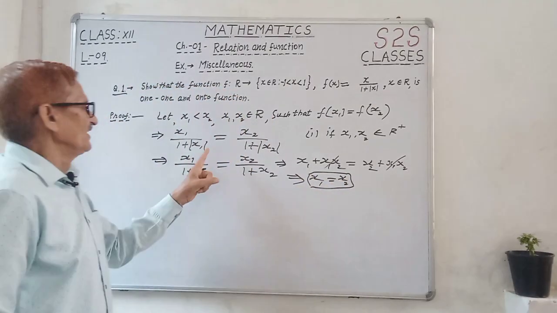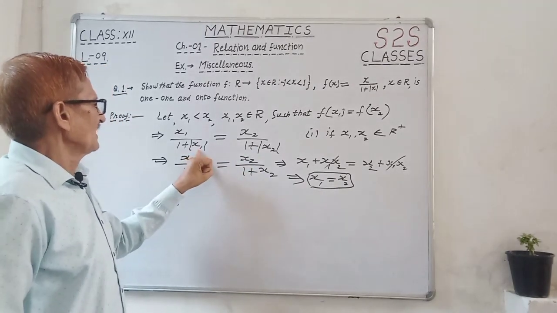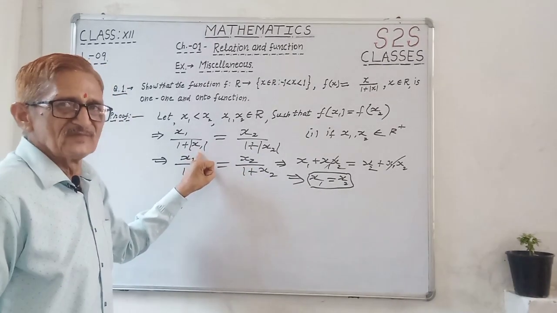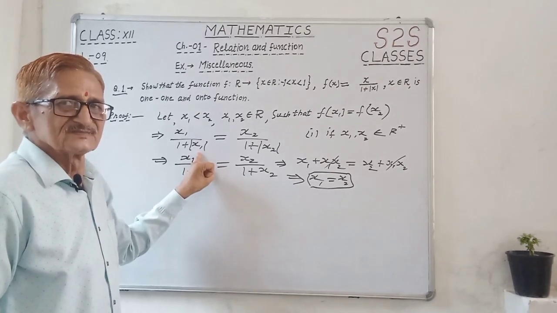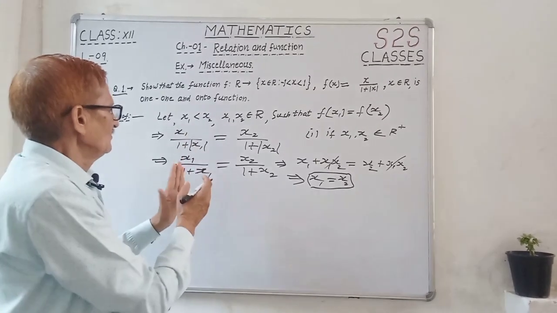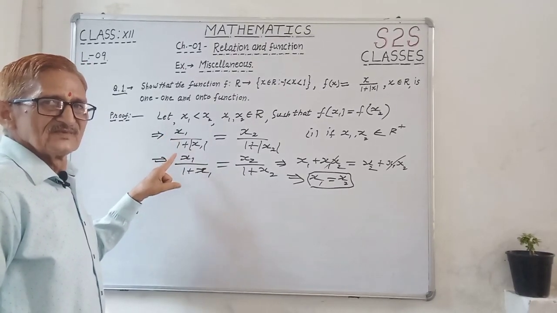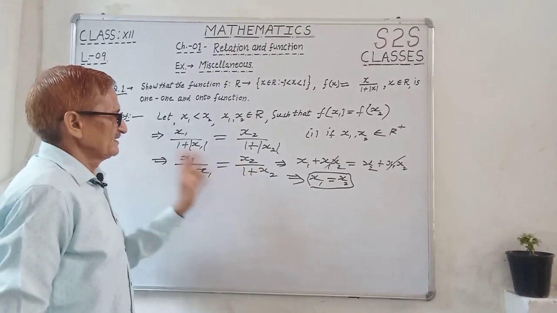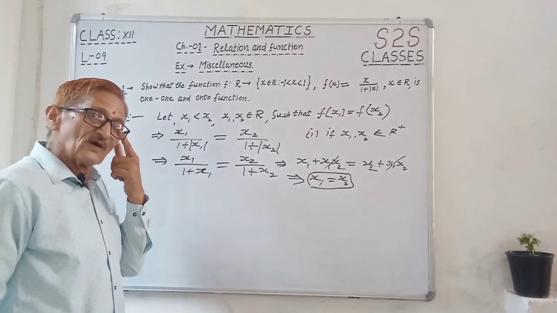Now second case, if one is negative and the other is positive. If x1 is negative, then the modulus of negative is positive, but upon negative, so this will come as a negative number. Then cross multiply, the same result will come, they will be equal.